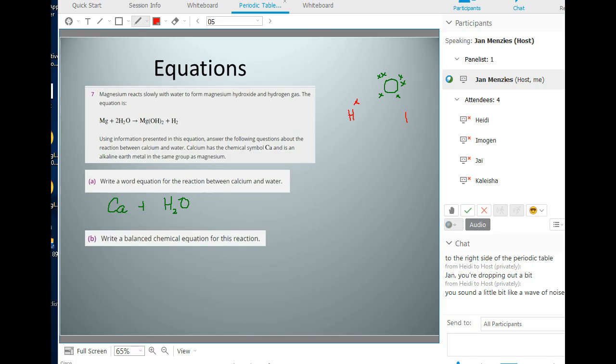Now hydrogen, the first shell is stable with 2 electrons. So if hydrogen can share an electron with oxygen, it will have its stable 2. And if oxygen can share with 2 hydrogens, it will have its stable 8.